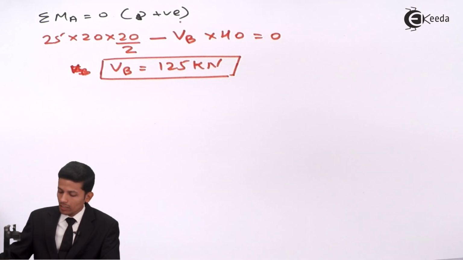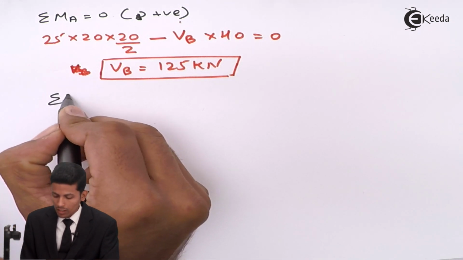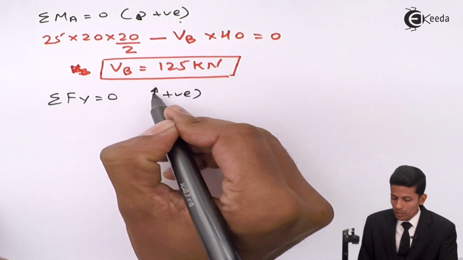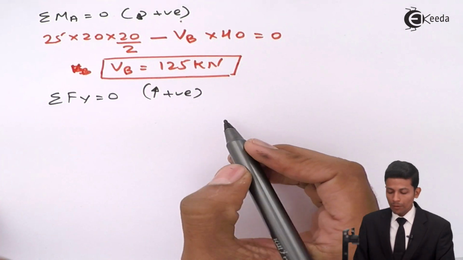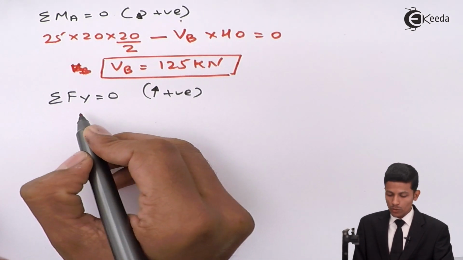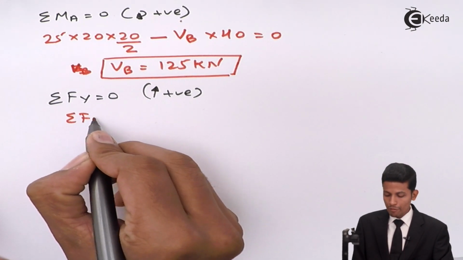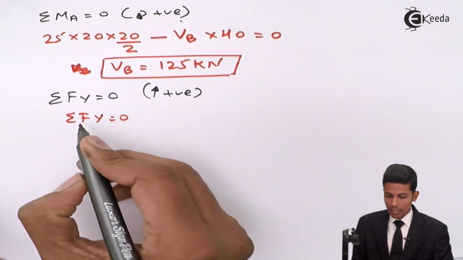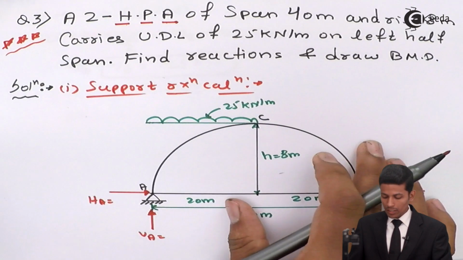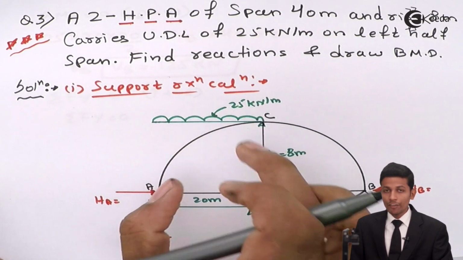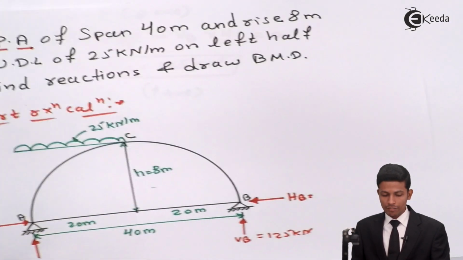Now after that, summation Fy equal to 0, upward positive. Since upward is positive, we write summation Fy equal to 0. See, VA is going upward, and VB is 125 kilonewton.